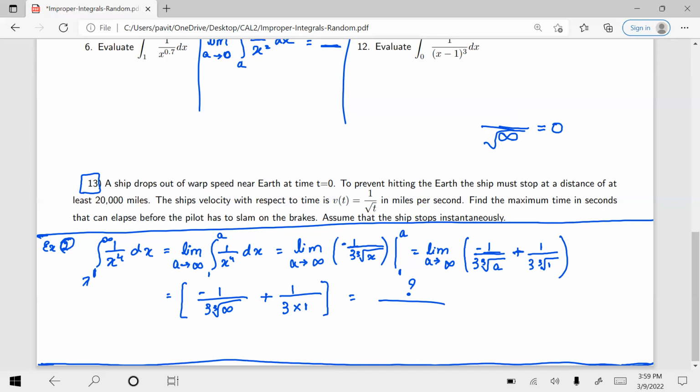No matter what you have in the numerator, the answer is still going to be 0. Okay. So the answer here is 1 over 3. Why? Because this is 0, this is 1 over 3. So that will give me the answer as 1 over 3.